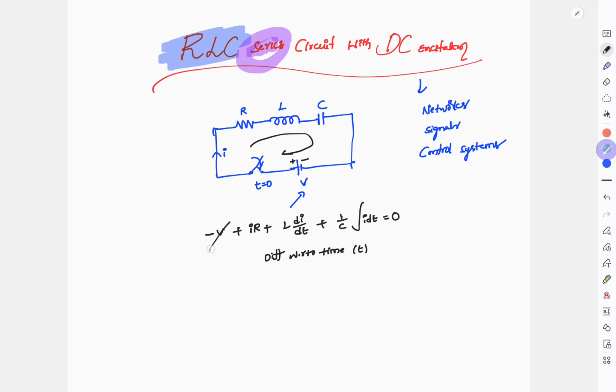Then this term will be 0. So 0 plus R into di by dt, plus L into d square i by dt square, plus 1 by C i, is equal to 0.